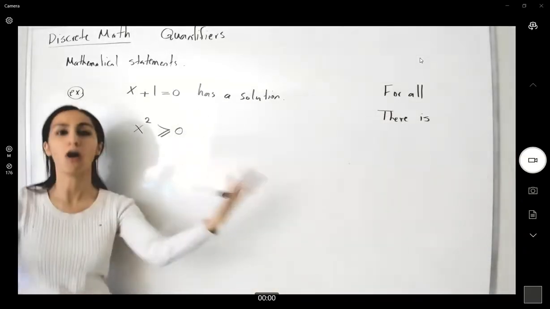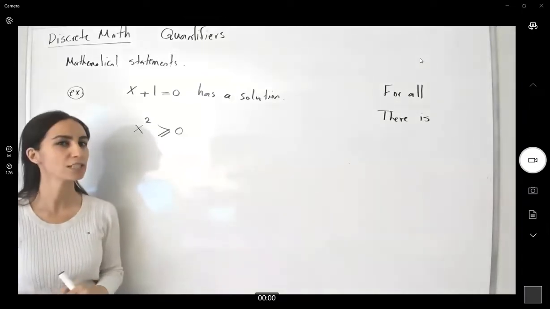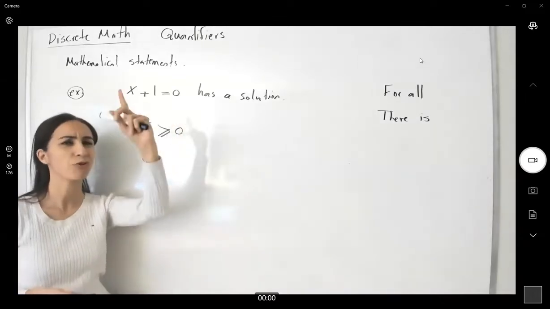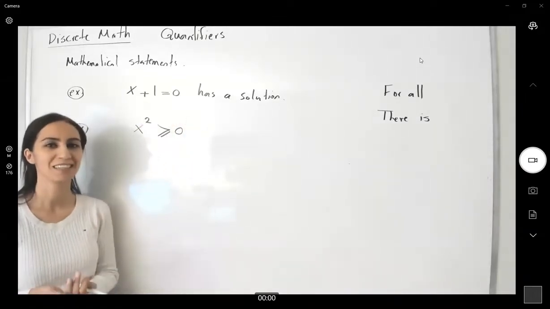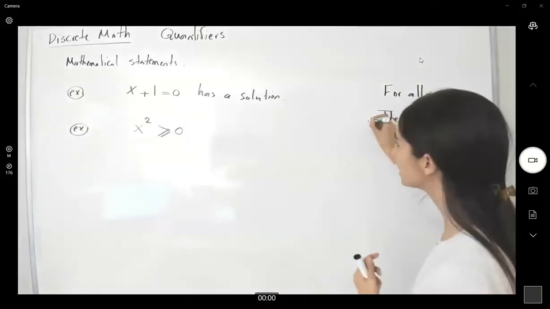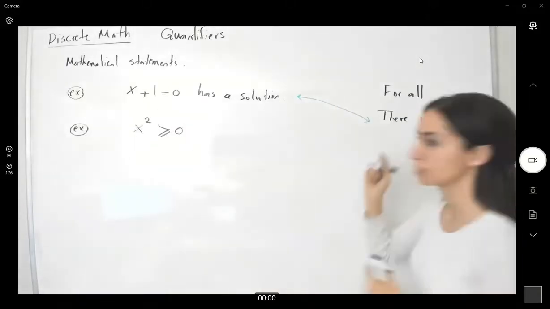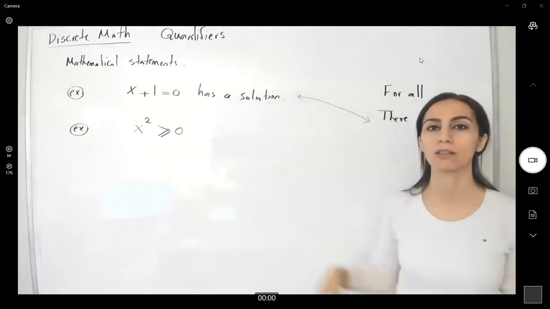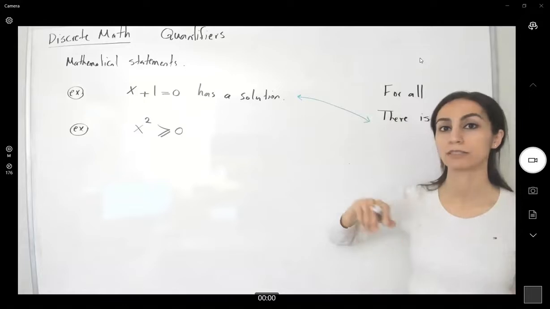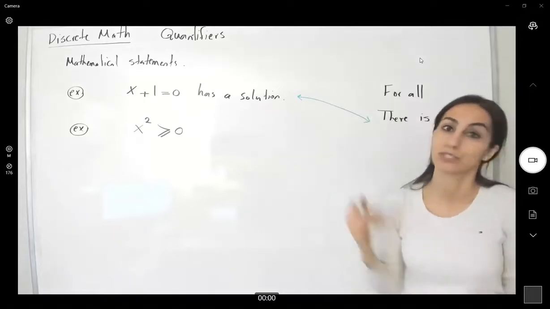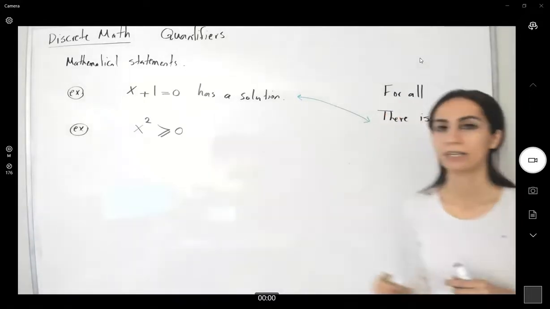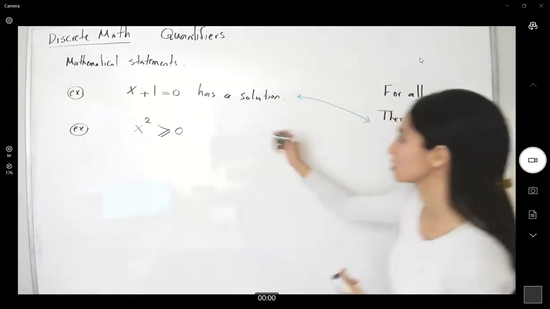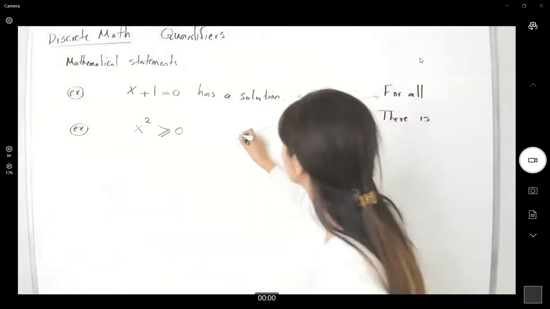Is this true for all values of x, or is this true for only one value of x? This is only true for one value of x, which is -1. So there is one solution for this statement. It's not true for all x values. For example, if I plug in 0 for x, 1 is equal to 0, which is not correct. But this one is true for any random value for x. So this statement is connected to for all.